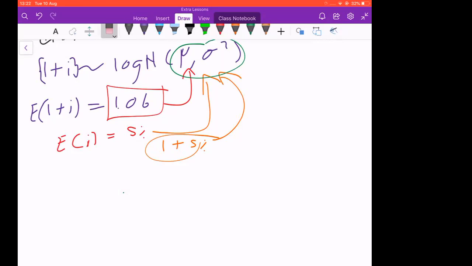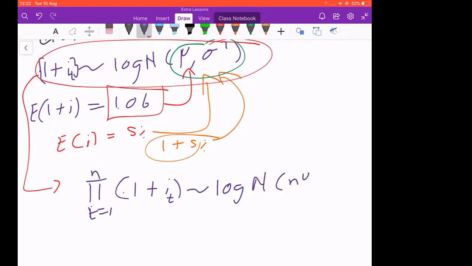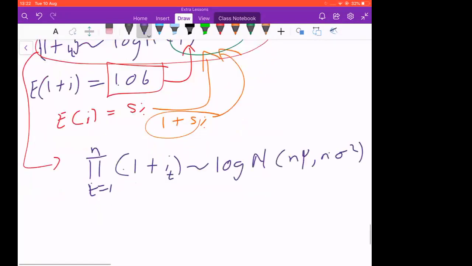So anyway, back to the distribution. If this thing has a log normal distribution, the product of 1 plus I has a log normal distribution. I has a normal distribution with mu and sigma squared, right?